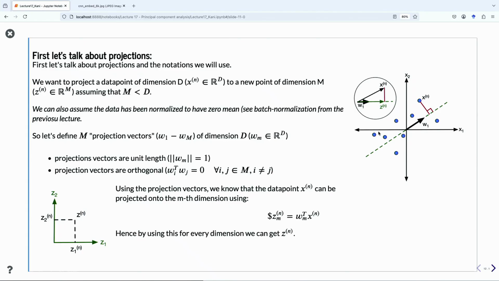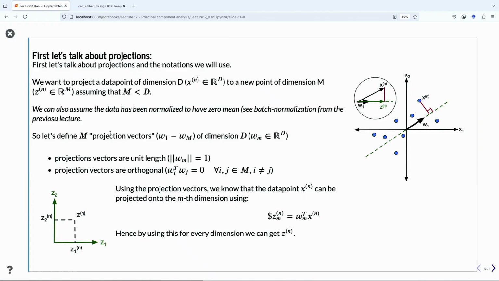These blue points are the data. And this green point is our vector. We simply want to project the data onto a new point of the vector of dimension m, where m is less than d. So for instance, two-dimensional data gets projected onto one-dimensional space.